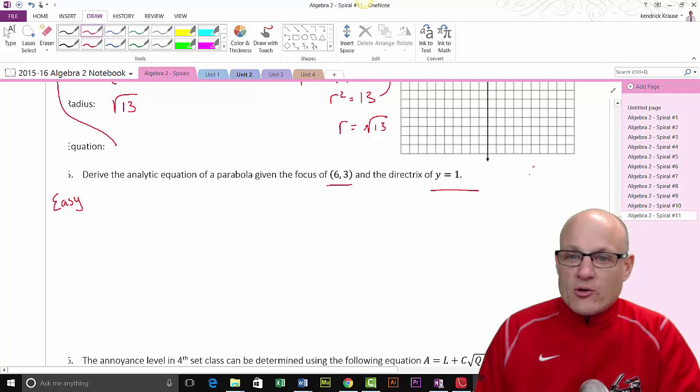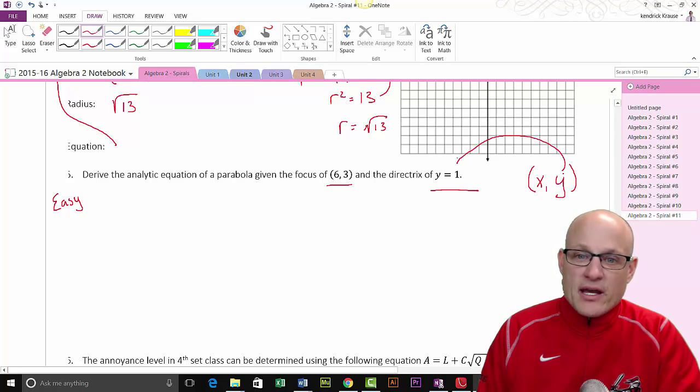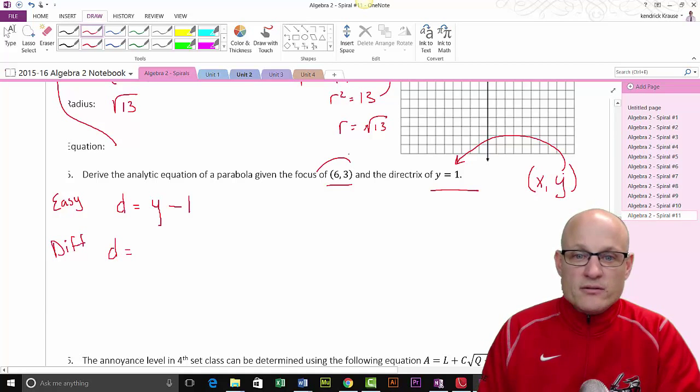First of all, we have to pick our own point, x, comma, y. Now, easy is the distance between y, this point, and this line. Well, that's just y minus whatever that line is, 1 in this case. The more difficult part is using the distance formula to find the distance between the point and the point we picked.